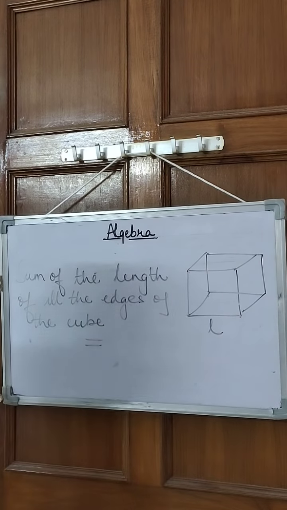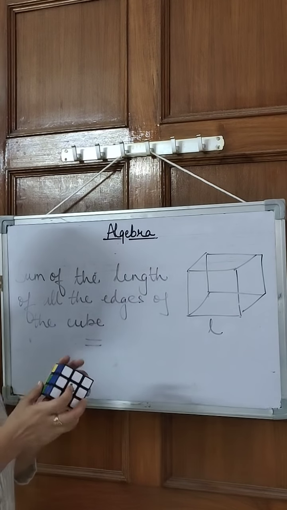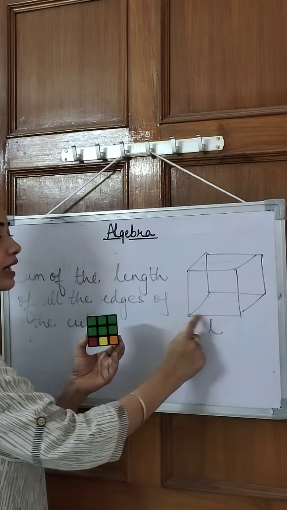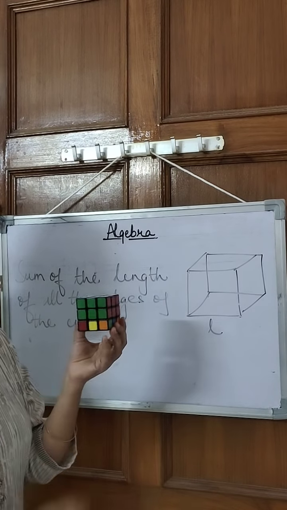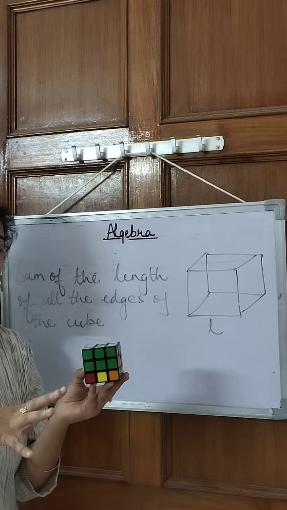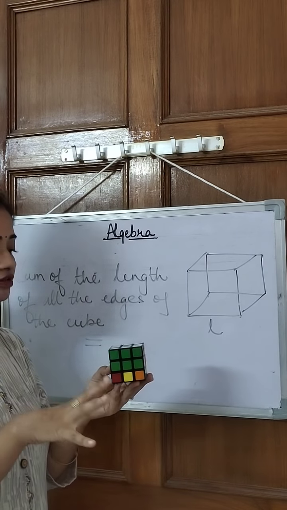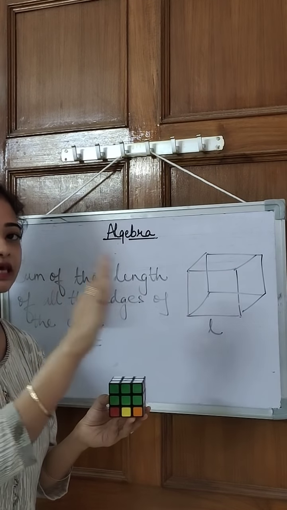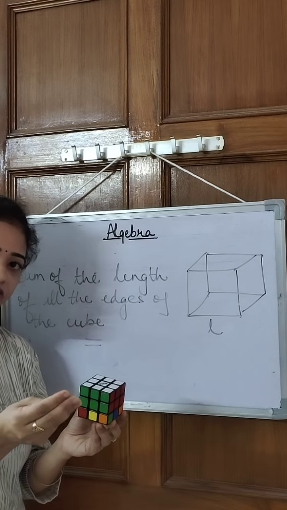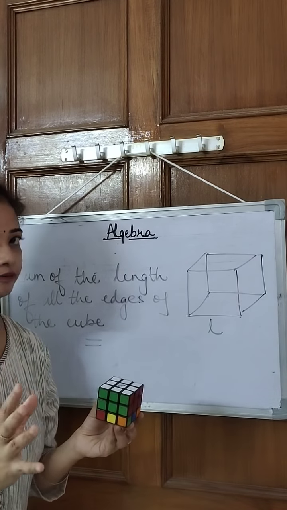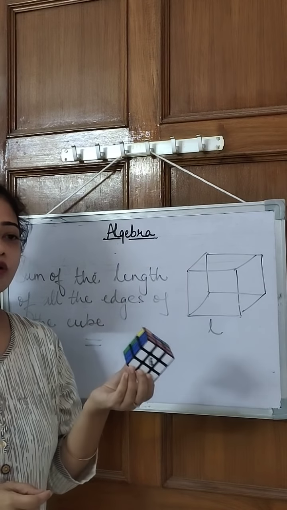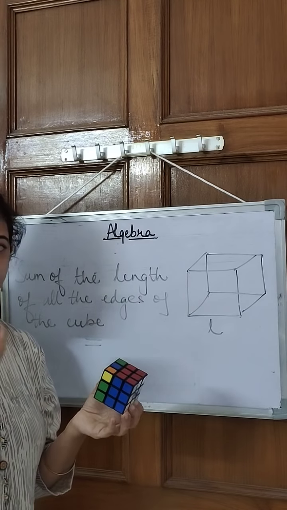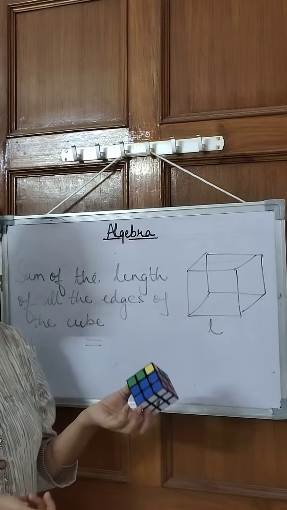Okay. So let's take a cube. In this cube they are saying that one length is L. As done in the case of the equilateral triangle, since all the sides were equal and they said one side is L, and it has three sides, what we did was 3 into L. So in this also, if I count all the edges of a cube and then simply multiply it with L, then I will get the length of all edges.